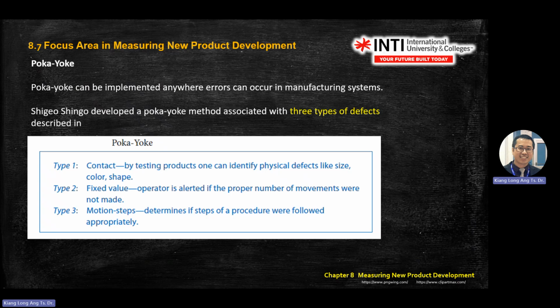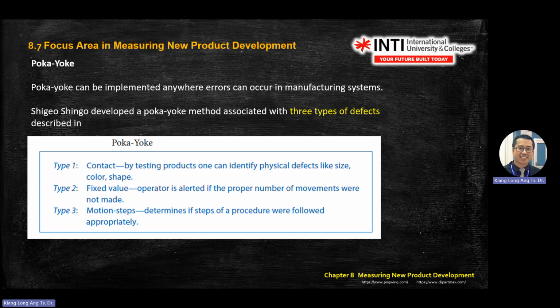So type 1 is more on contact. Second one is you use fixed value. And the third one is motion steps. Type 1 poka-yoke means you use physical shape, size to control. Fixed value, type number 2, operator is alerted if the proper number of movements are not made. For example, your phone, you know how to reset your phone, right?